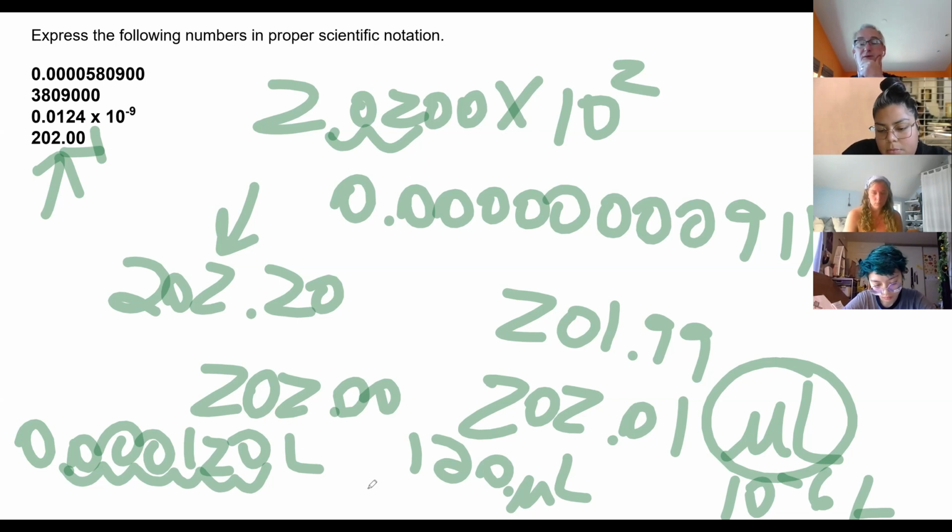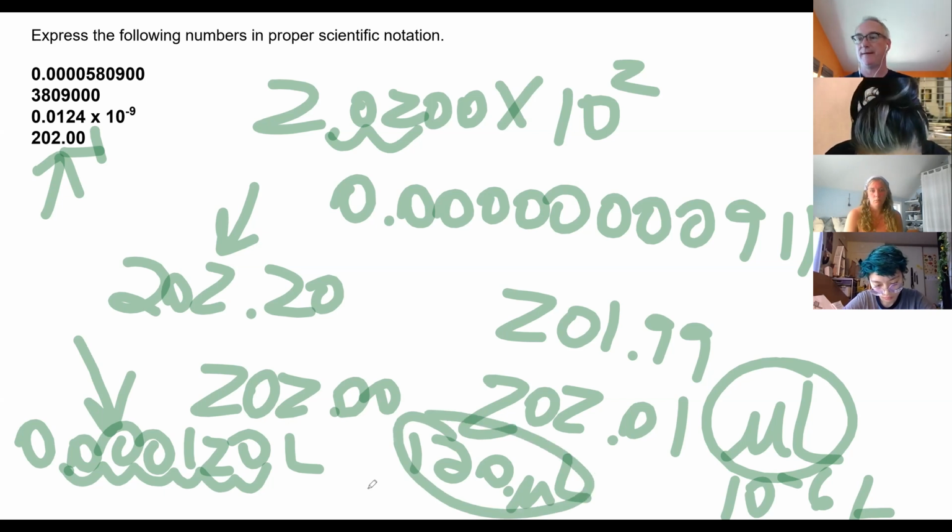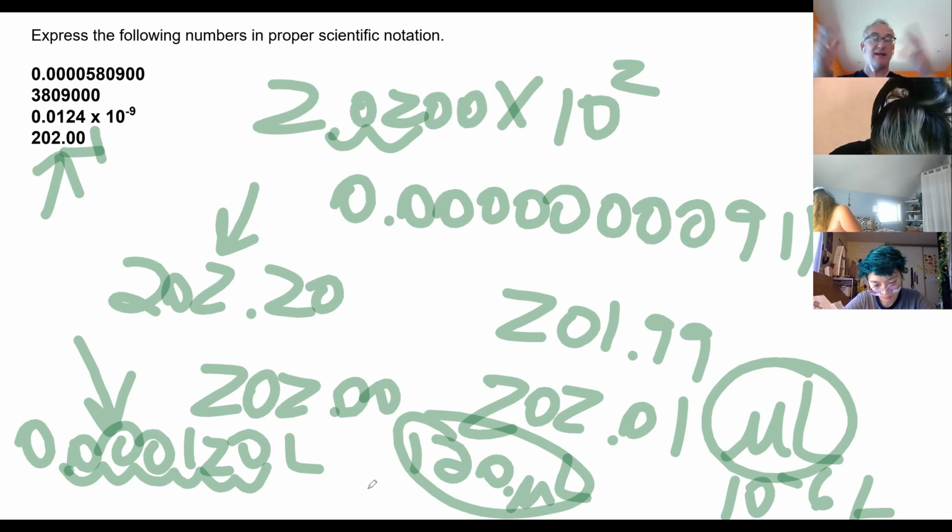If the answer to a problem is this, you're not going to be marked wrong if you don't give it in terms of this, because they're both the same. Unless I say expressly in the problem, I want the answer in microliters. But if I say, what's the volume, you can give it whatever units you want, because I didn't make it clear which units I wanted.